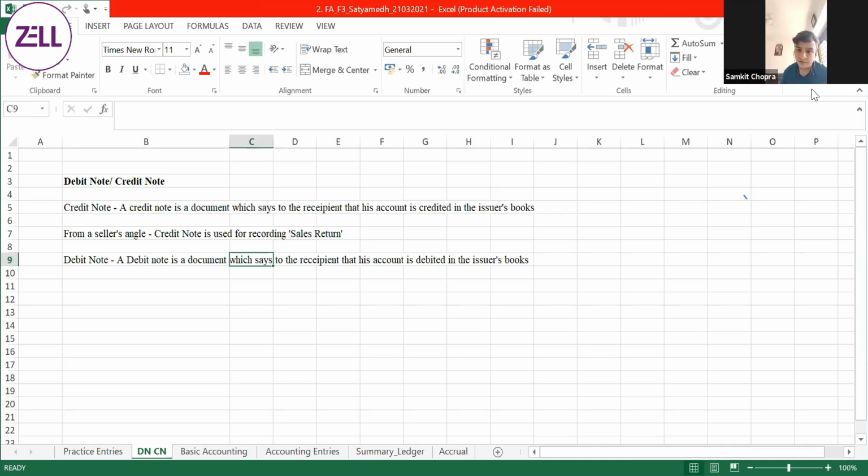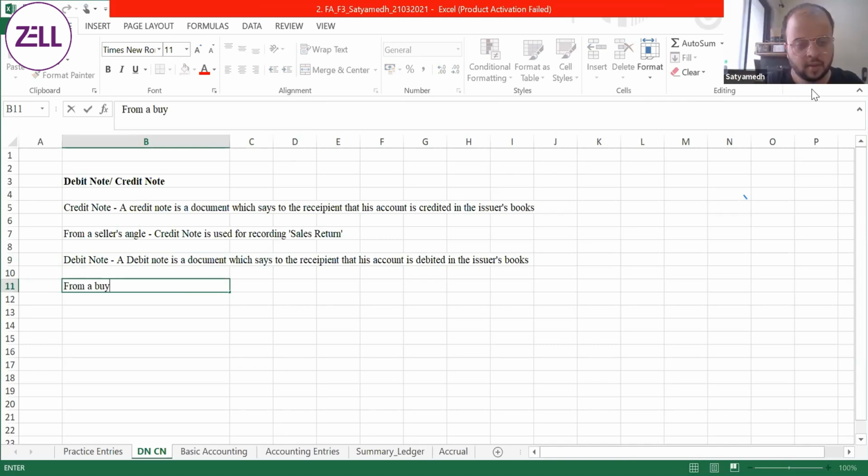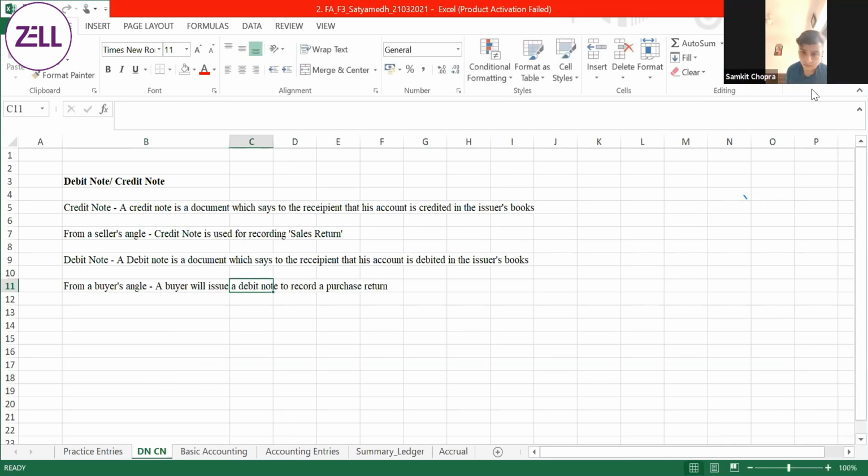Purchase return. From a buyer's angle, a buyer will issue debit note to record a purchase return.